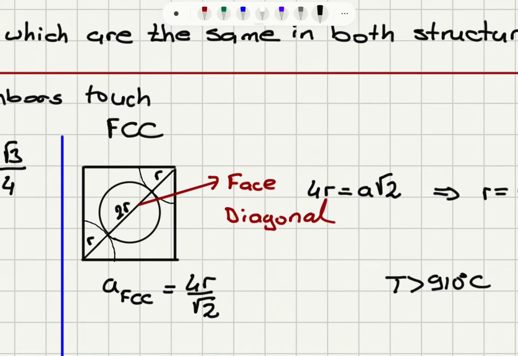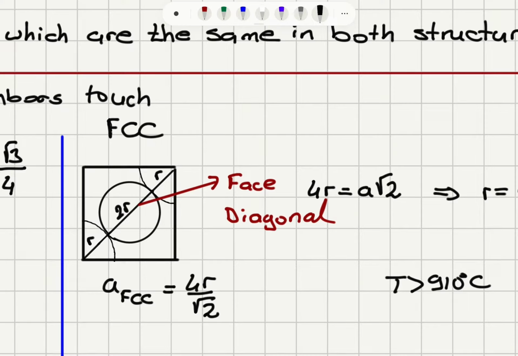Now the nearest neighbors are at one of the faces of the cube. So we have the atom at the face center and the two atoms at the face diagonal facing each other at the corners. So the total distance between the atoms at the two opposite ends of the face is 4r.